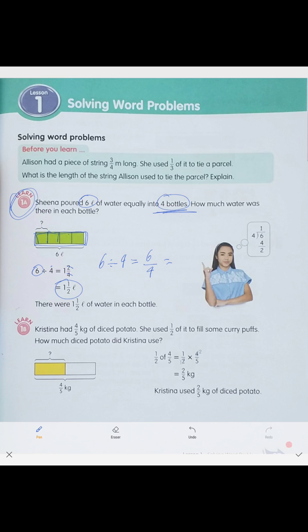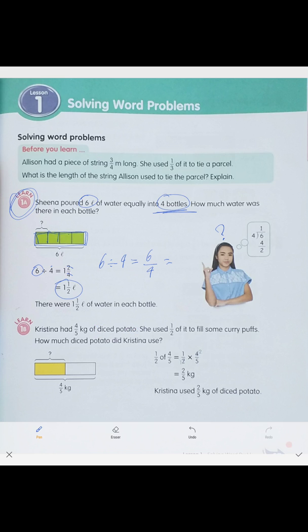Right, Christina had 4 over 5 kilogram of diced potato. She used 1 over 2, half of it, to fill some curry puffs. All of these words that you will see can be unfamiliar to you. Something like, what is this thing? Like this girl thinks, I don't know what this is. It doesn't matter what they tell you.